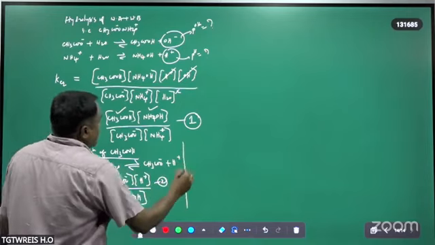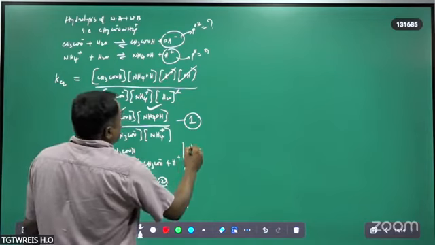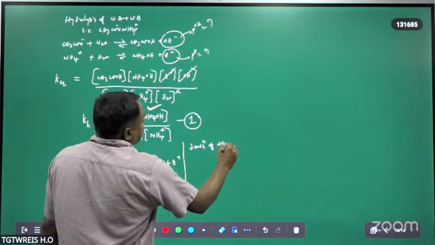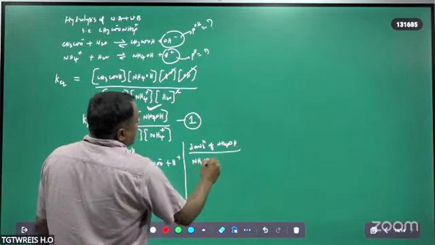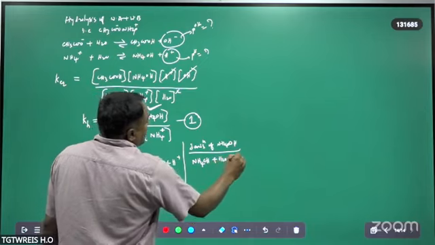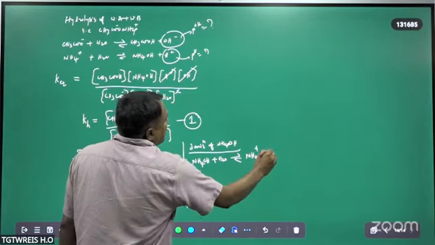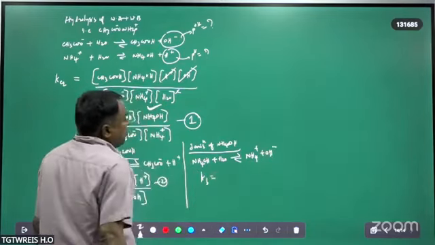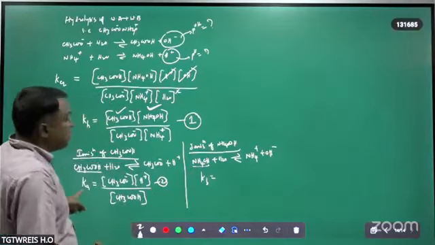And like that, ionization of ammonium hydroxide also there now. So ammonium hydroxide, when dissolved in water, will be dissociating into NH4+ and OH-. So now Kb is equal to, this is the weak base, and this is the weak acid. For weak acids, we have the Ka.